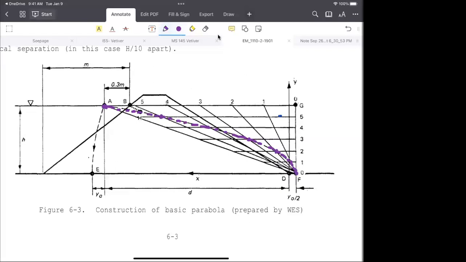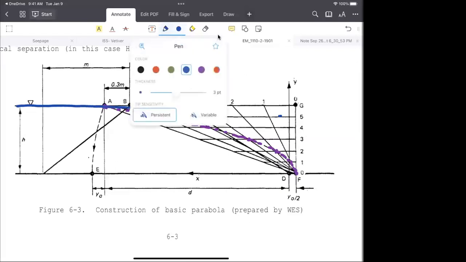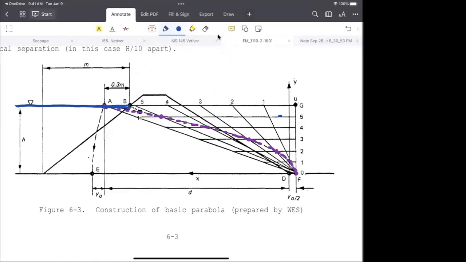So what is our initial point of water intrusion? Our water table is here, right? Our water table is intersecting at point B. So from point B, it should intersect with the seepage line, not from point A. And which one is our first equipotential line, not the flow line?